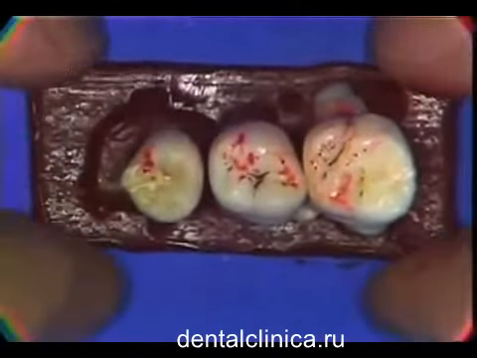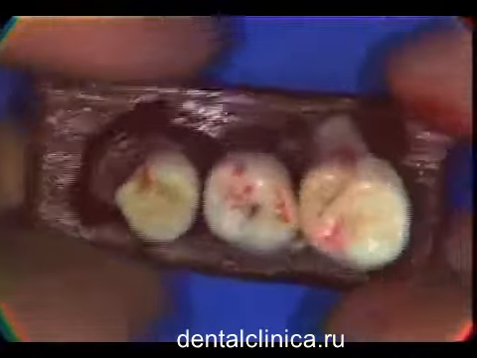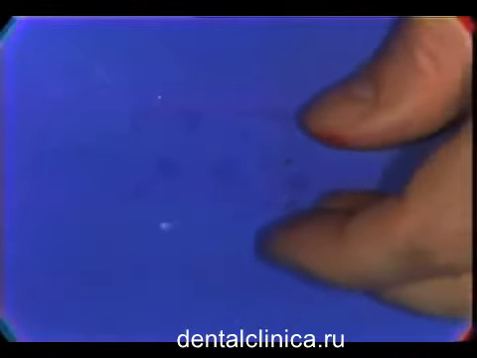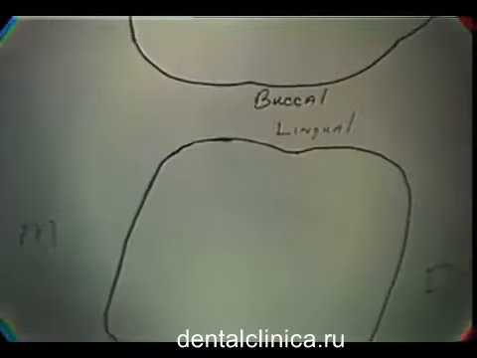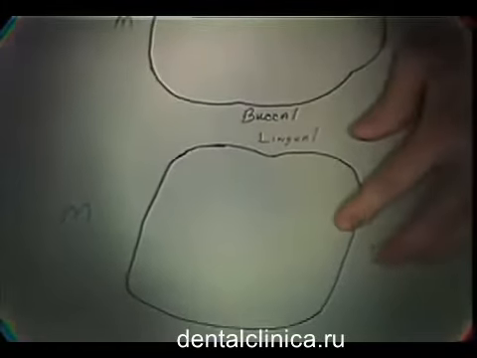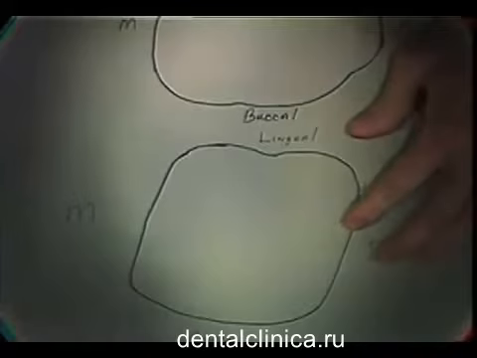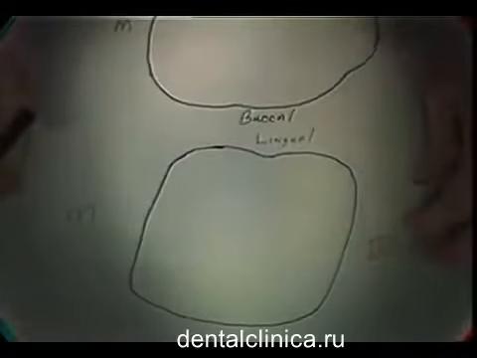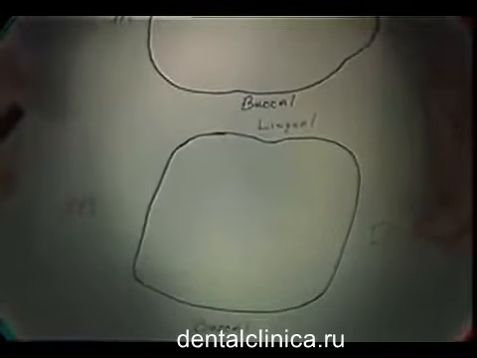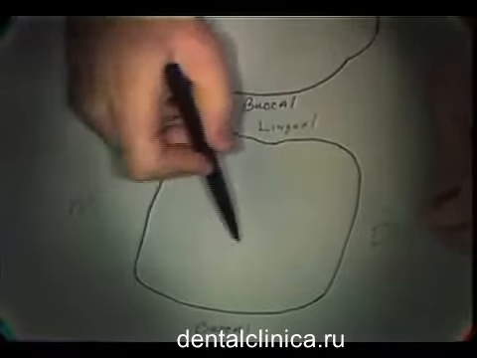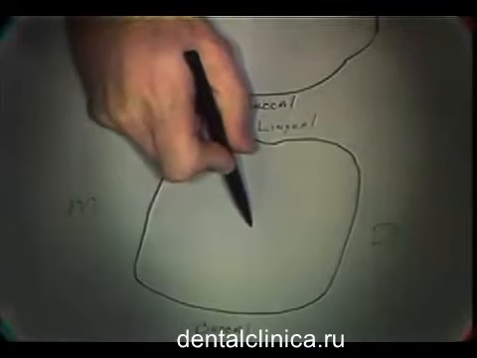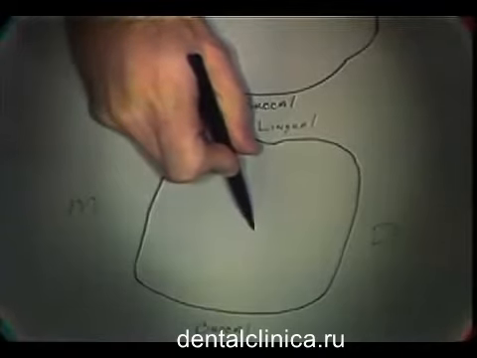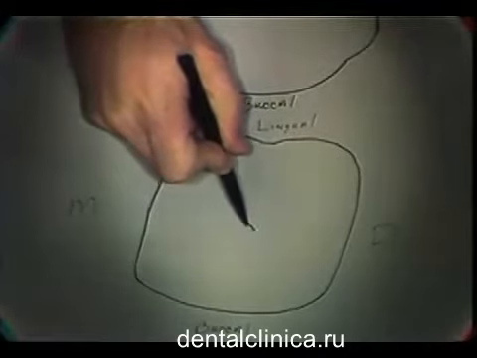Let's outline these a little bit in sketch form here. One of the things I think we should be able to do is to sketch these teeth, and the occlusal anatomy becomes fairly distinct in these teeth. If we were to sketch a maxillary first molar, the first thing we'd want to do would be to identify the central pit.